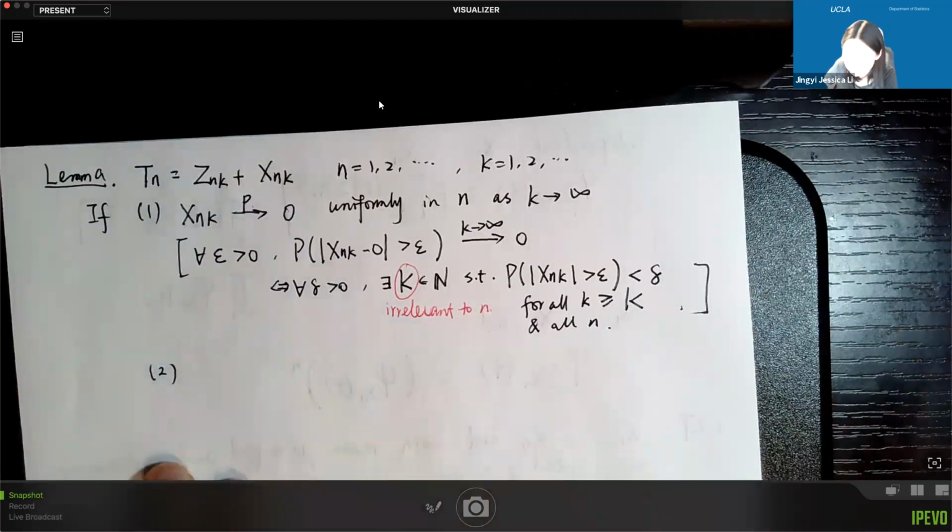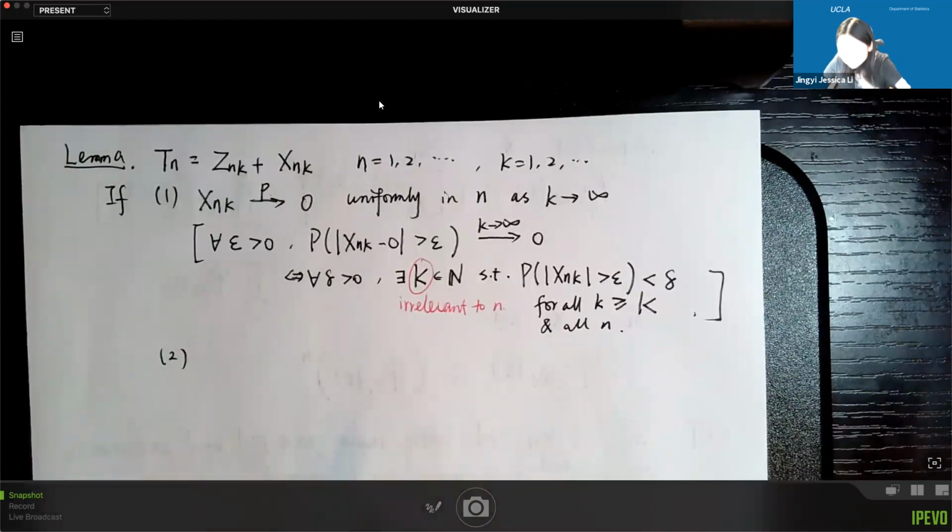Since we have two sub-indices, we want to talk about how each one changes and what happens. So here we have a two-step convergence in law for Z_{n,K}.